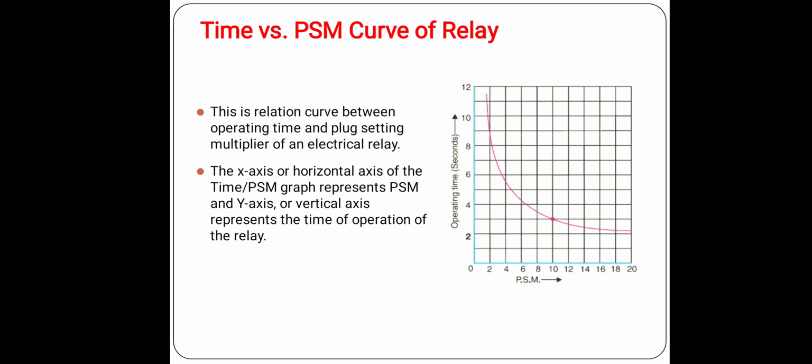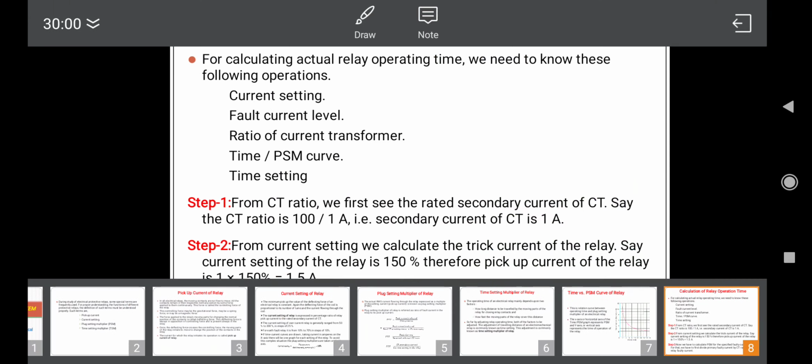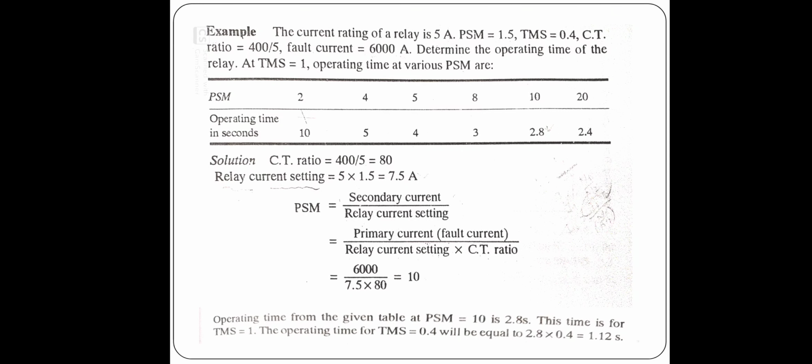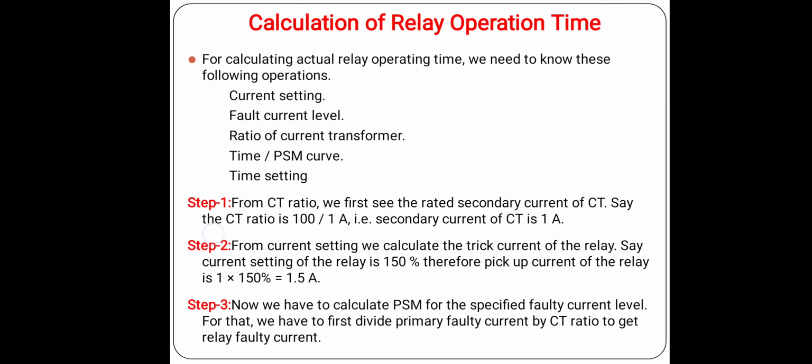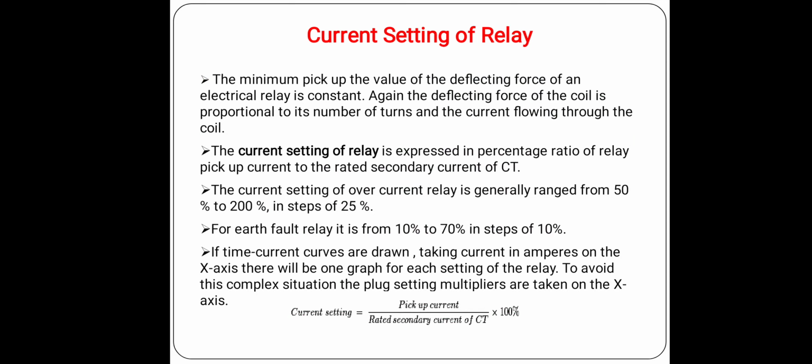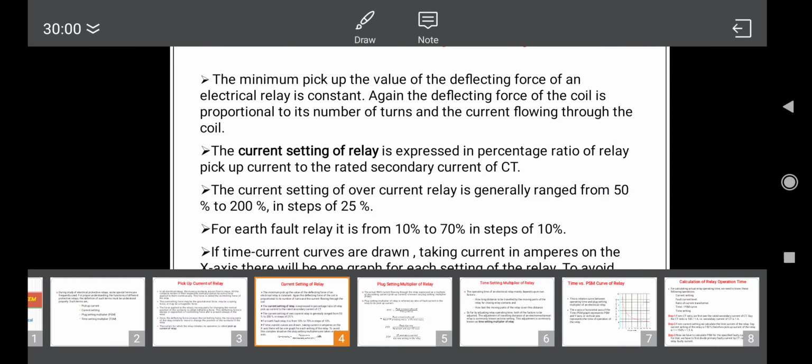Here we will see that the rated current of the relay is 5 ampere, and the formula is pickup current upon rated secondary current into 100.